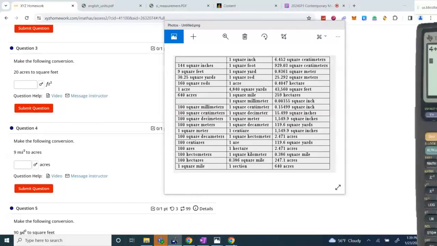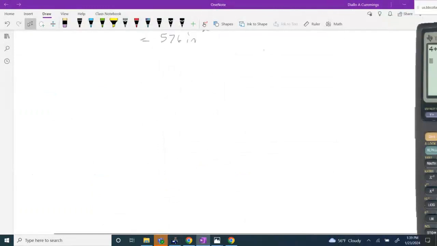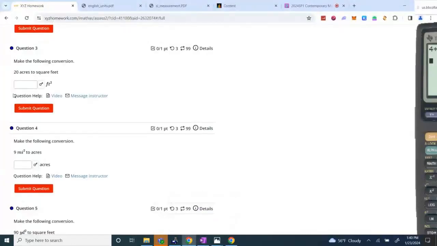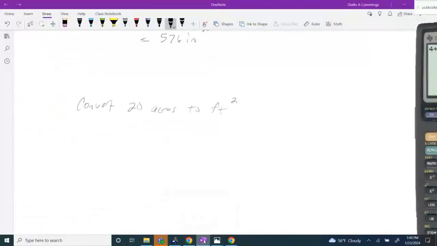All right, so if we're going to convert 20 acres to square feet, and this was number 3. So we have 20 acres.